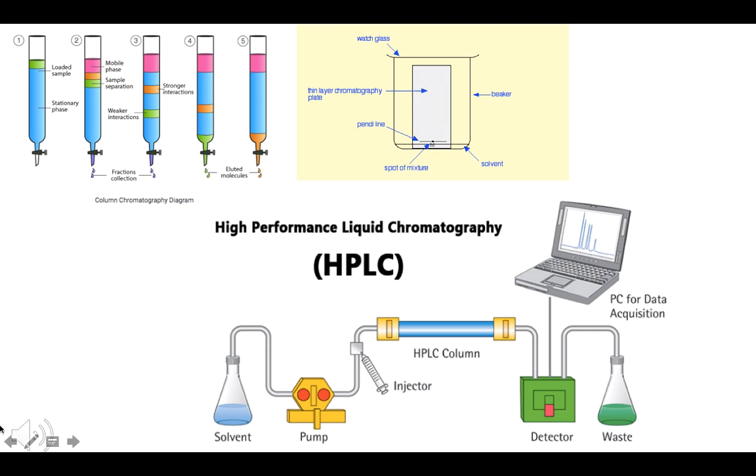So chromatography is a physical separation based on the migration of the mobile phase, which is a liquid, across the stationary phase, which is a solid. The rate of migration depends on the solute's affinity for the stationary phase.